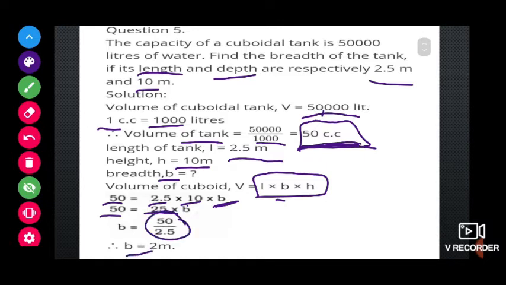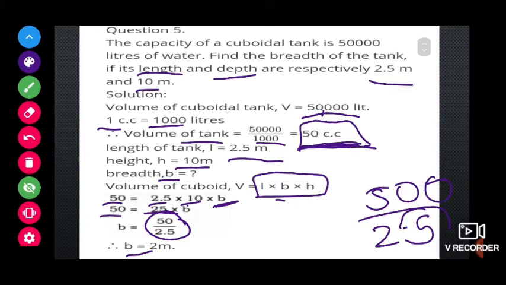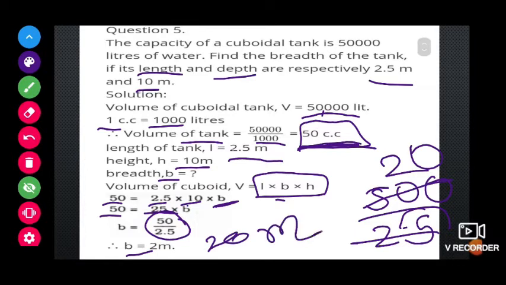To make it decimal free, just move the decimal and one more 0 will get added. Now 25 ones are 25, 25 twenties. So the answer should be 20 meters.